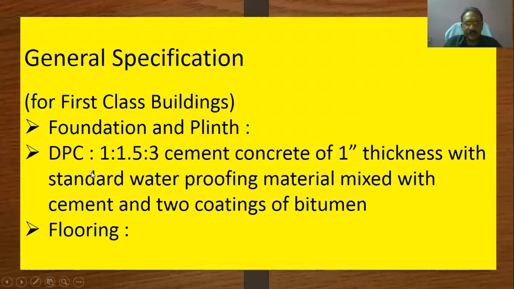Nowadays, for RCC structures, we are using one layer of RCC. But DPC is also provided, say in villages, and in olden days DPC was generally used to provide waterproofing, mixed with bitumen, and next flooring.